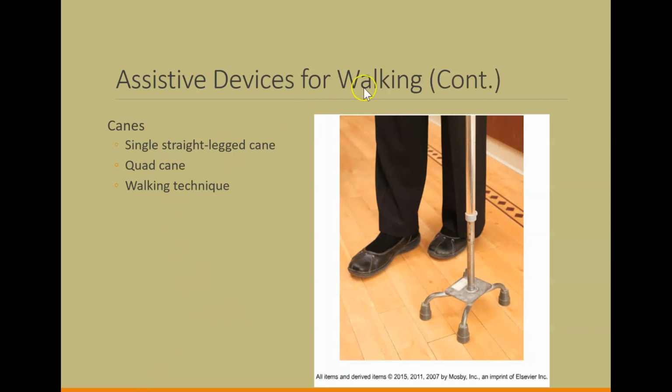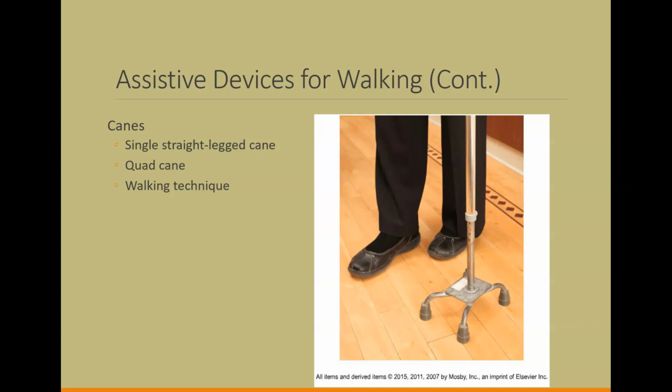Assistive devices for walking: you have things like canes. You have a single straight leg cane, and then you have a quad cane that they're showing in the picture here.